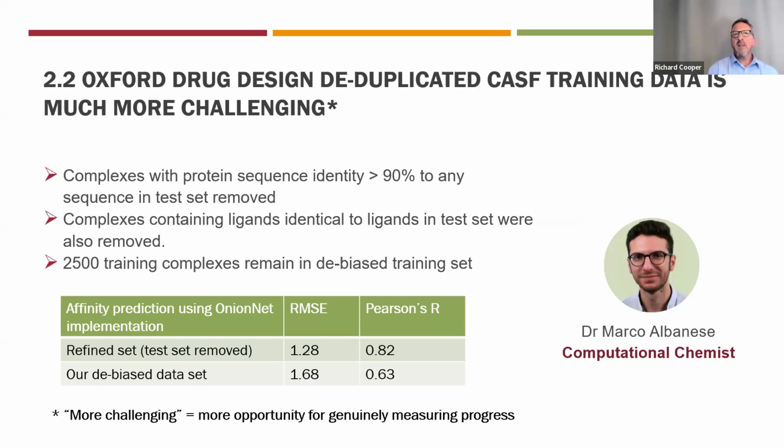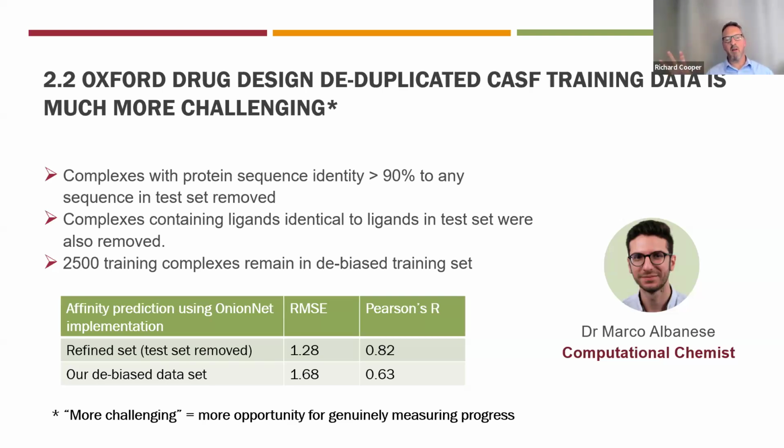So to test what kind of effect this has on the data set, we got Marco Albanese, who's a computational chemist at Oxford Drug Design, to deduplicate the training data. So any complexes with highly similar sequences were removed from the test set.